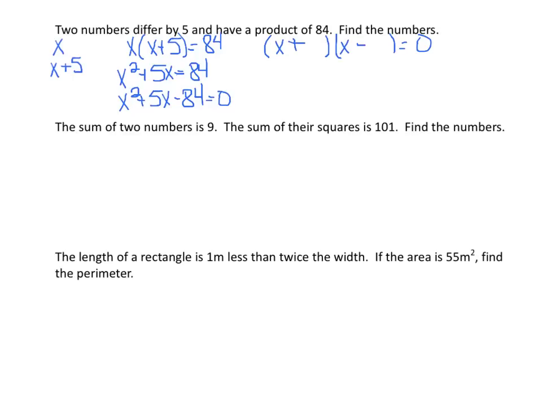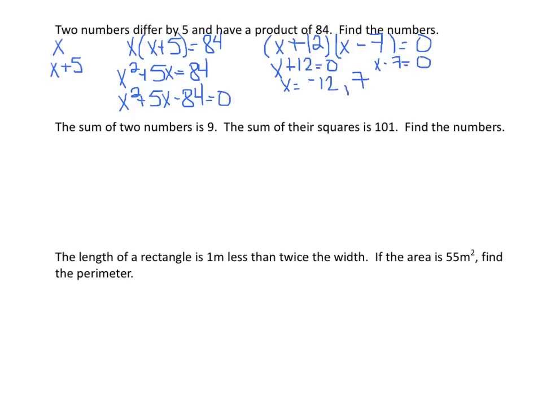Factors of 84 I would think of are 12 and 7. If 12 is the larger number and 7 is the negative, then they will add up to equal 5. So this means that x plus 12 has to equal 0, or x minus 7 has to equal 0. So x can be negative 12, or x can be positive 7.